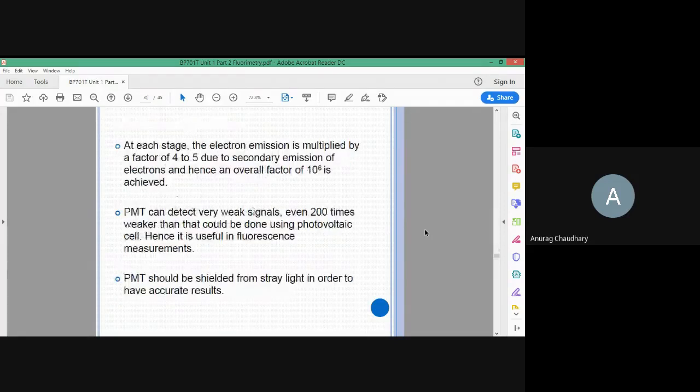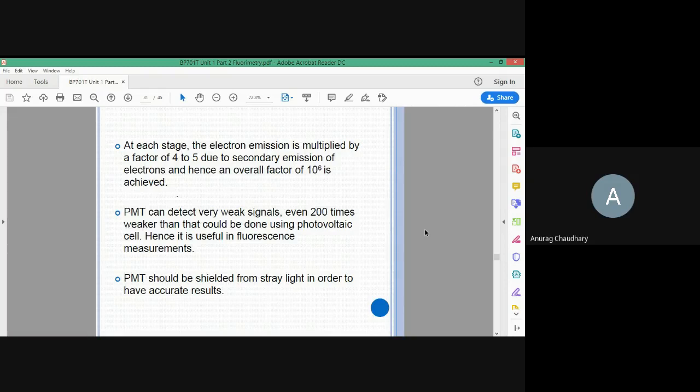At each stage, the electron emission is multiplied by a factor of 4 to 5 due to secondary emission of electrons, and hence an overall increase up to 10 to the power 6 factor is achieved.